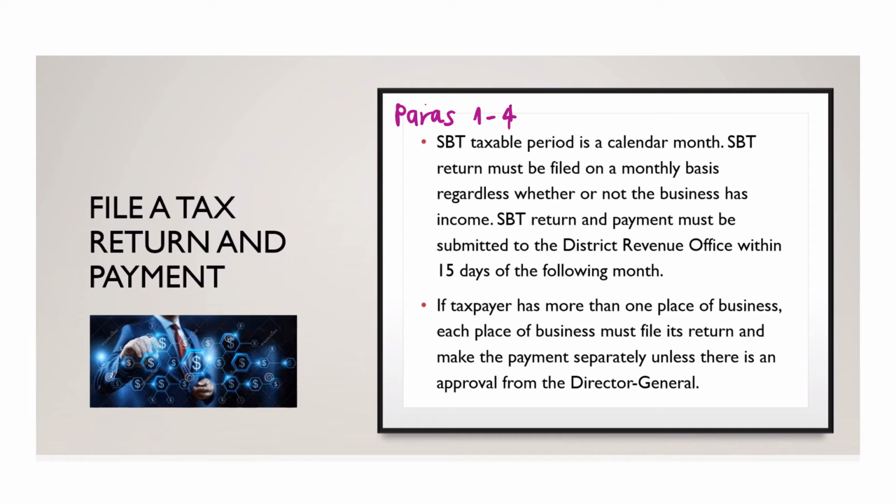And if the taxpayer has more than one place of business, each place of business must file its tax return and make the payment separately, unless you get an approval from the Director General. This means if you have branches or different places of business, each place has to submit an SPT tax return separately in their area.